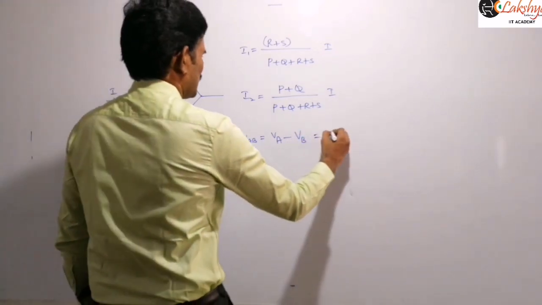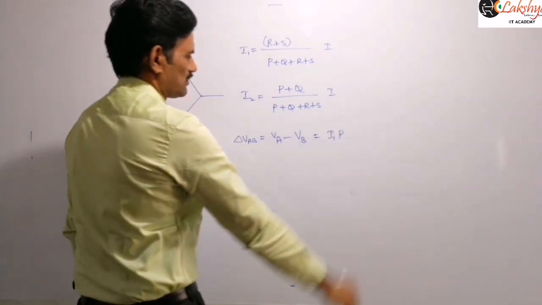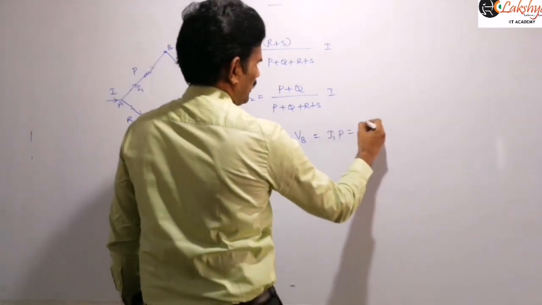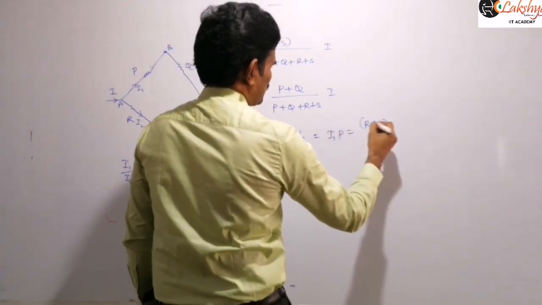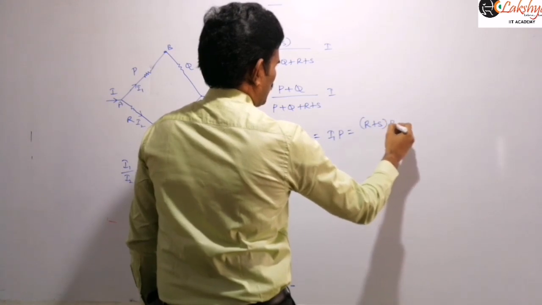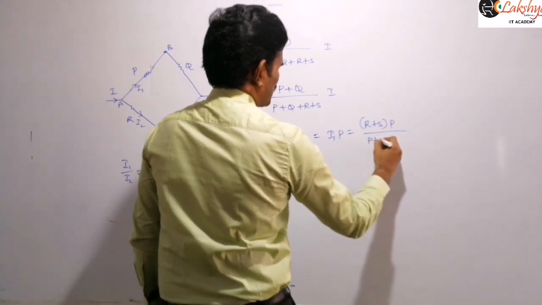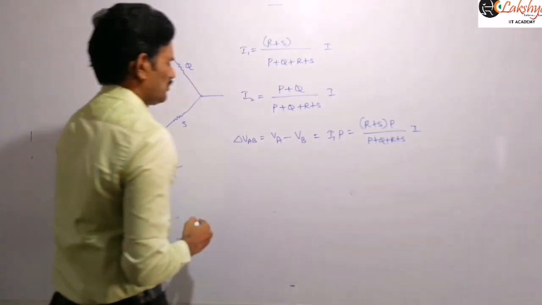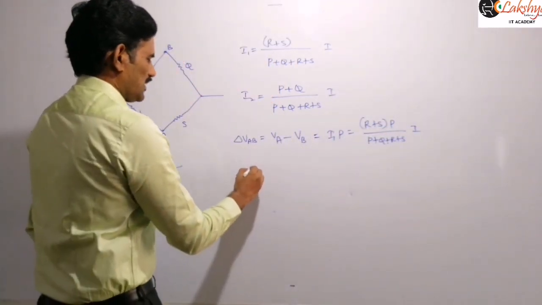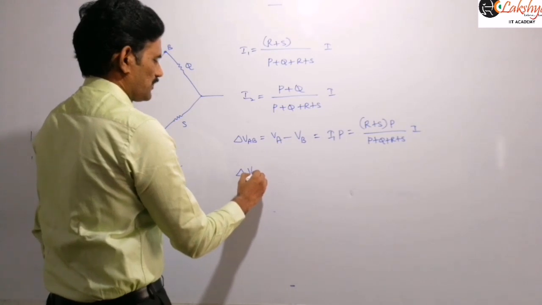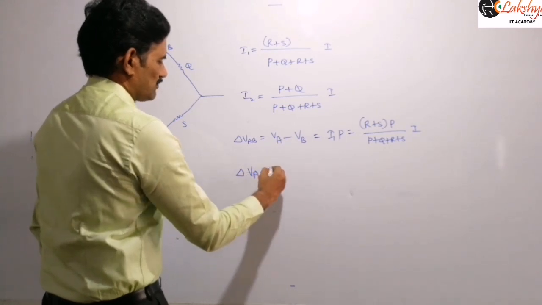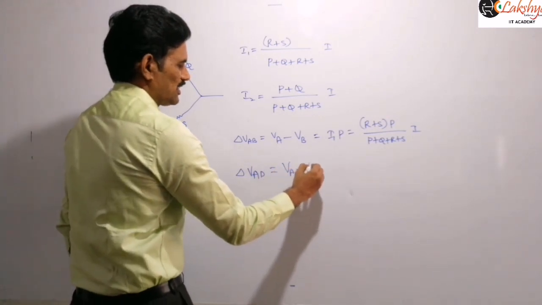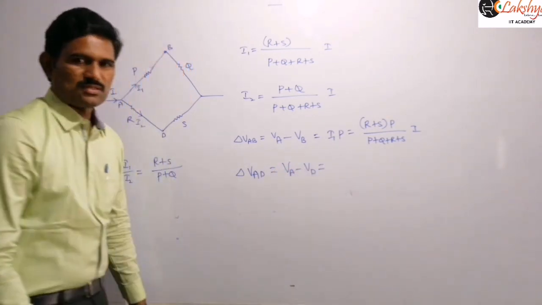This value I can write as I1 into P, where I1 is given by this: R plus S into P by P plus Q plus R plus S into I. The I value will be there. Similarly, I am writing VAD between A and D. So this value will be VA minus VD, right?